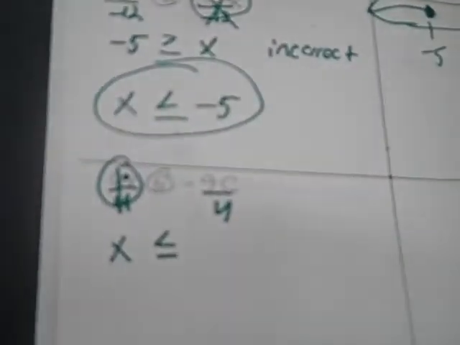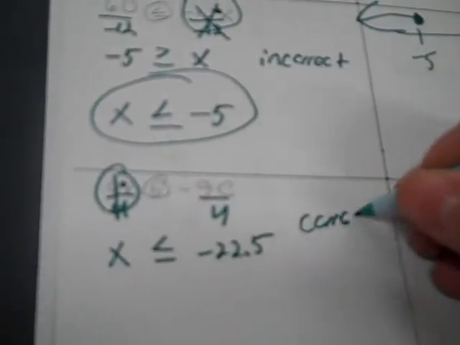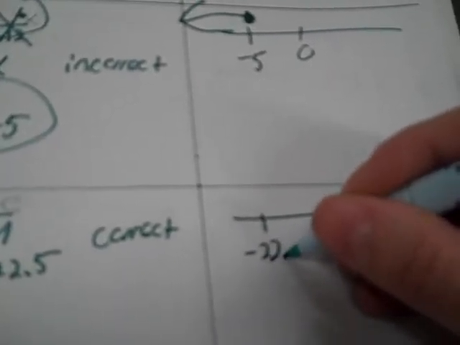Negative 90 divided by 4 is negative 22.5. That's correct order. Circle. Okay, fill it in. And that's less than, so it's going that way.